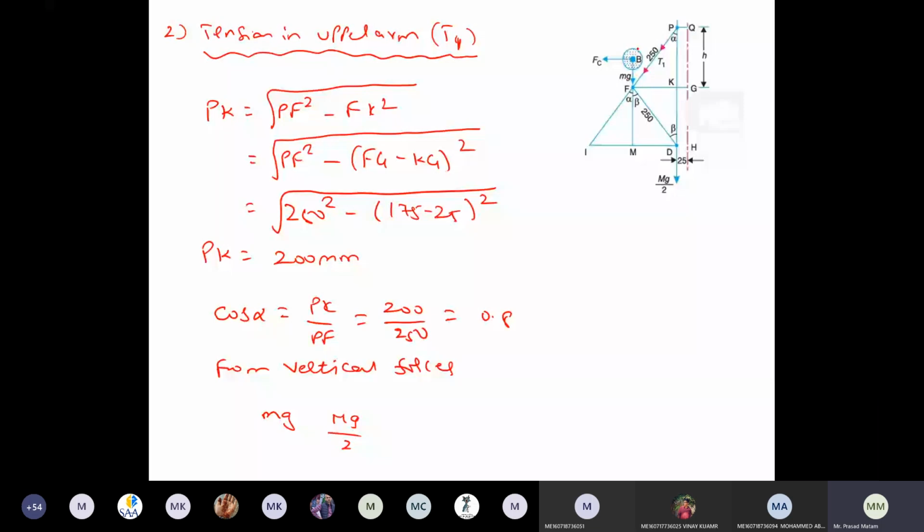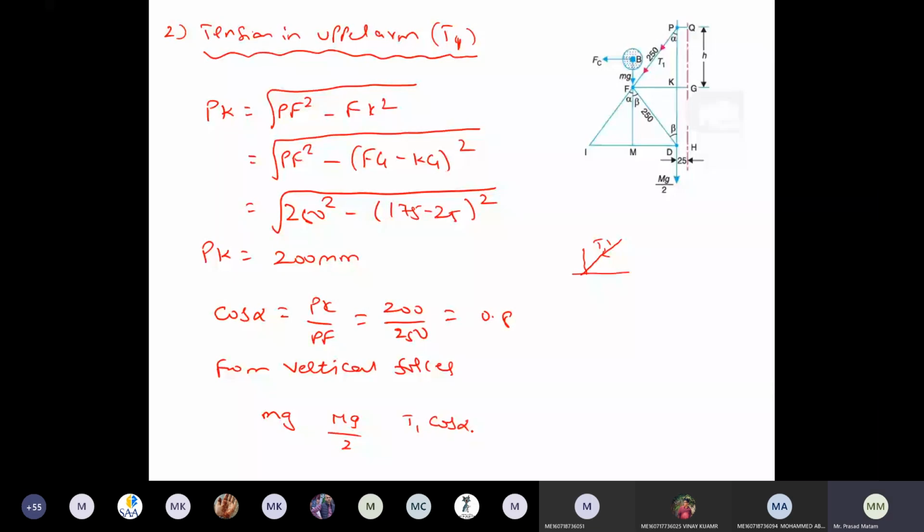Now resolving T1 also. You can see here, this is T1. Resolve this T1 along the x-axis and y-axis. If I resolve this T1, I get T1 cos alpha.